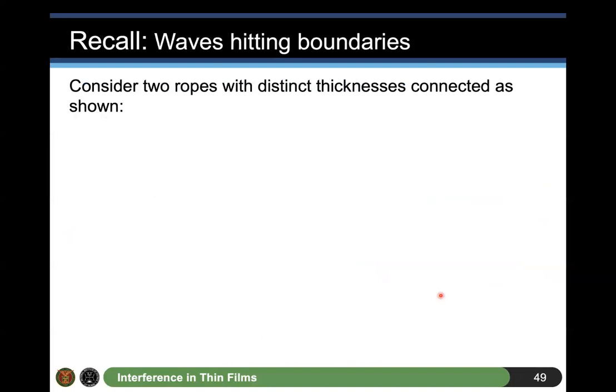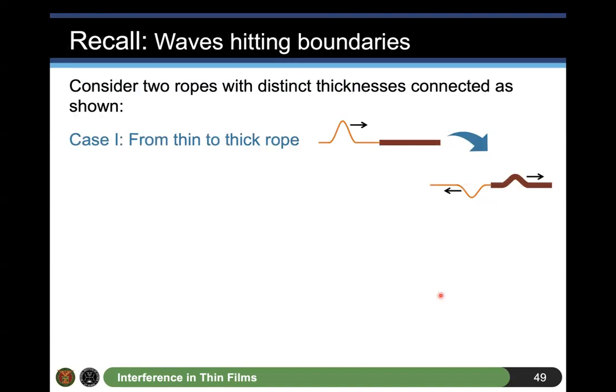Now, we can answer that by considering these waves to be similar dun sa ropes, dun sa 71 natin. Okay? So, we recall yung waves hitting some boundaries using ropes. So, meron kang case 1, if thin, yung source ng wave natin is from a thin rope, magbabounce siya dun sa thicker rope, ano yung mangyayari?